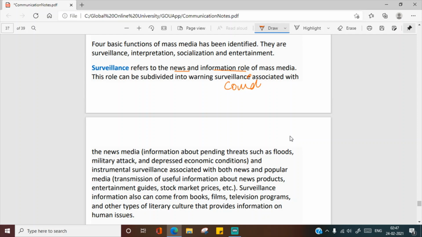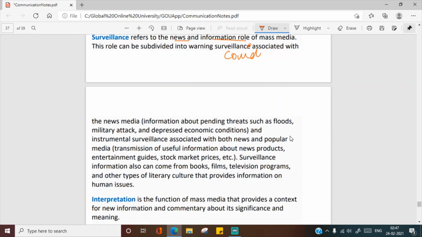Surveillance is the function of mass media where it keeps an eye on the world and brings information to the citizens. It could be information about floods or military attacks or economic conditions, or normal information on products, entertainment guides, stock market prices. So this is the surveillance function.